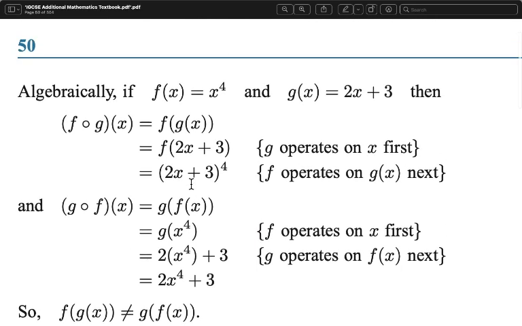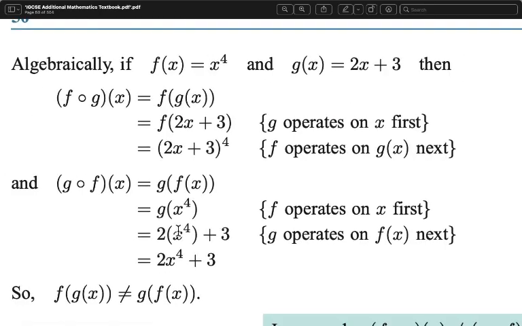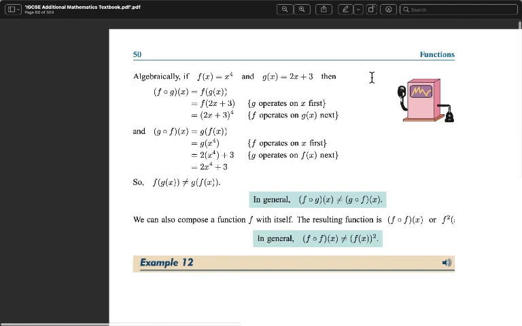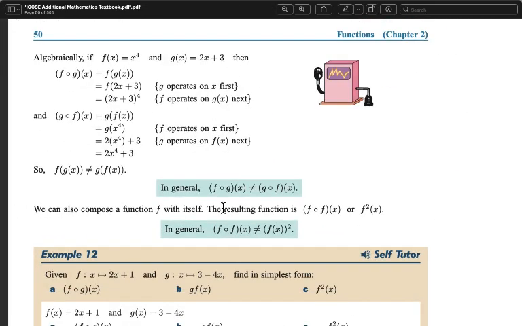For example, when the x value in function f gives x to the power of 4, then for the g(x) function, the original x is now substituted with x to the power of 4. So g(x to the power of 4) will equal 2 times x to the power of 4, plus 3. However, sometimes the notations may look similar, but the sequence is very important.